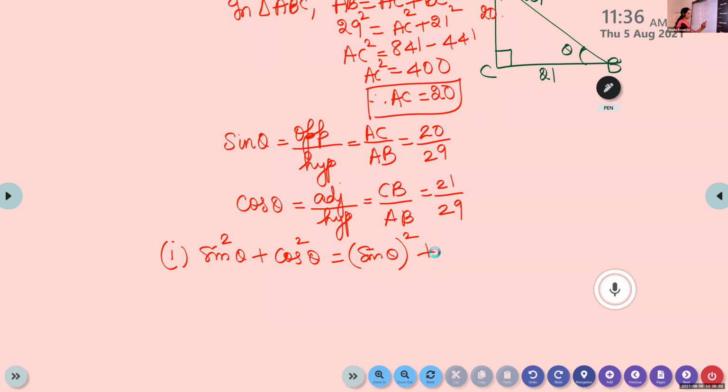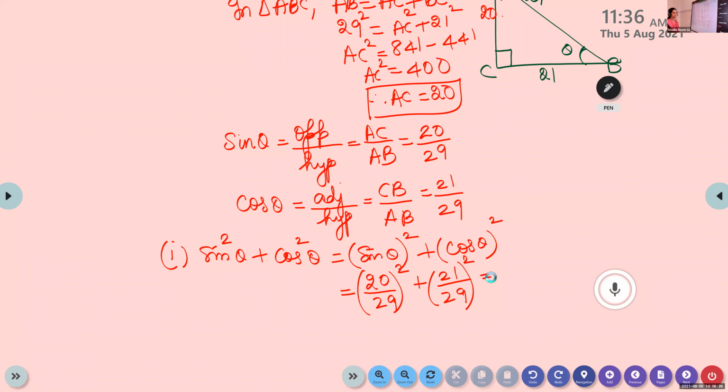Similarly, cos square theta is cos theta the whole square. Sine theta is 20 by 29, the whole square, and cos theta is 21 by 29, the whole square.